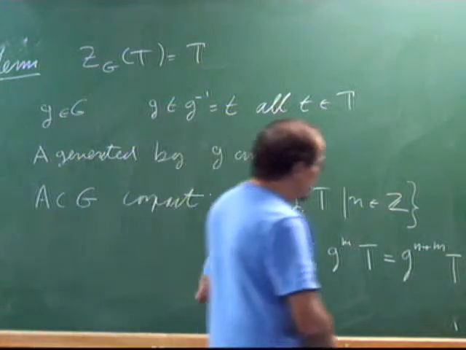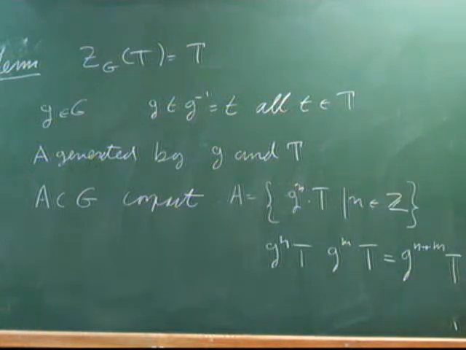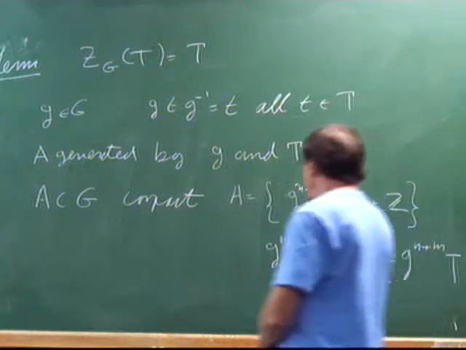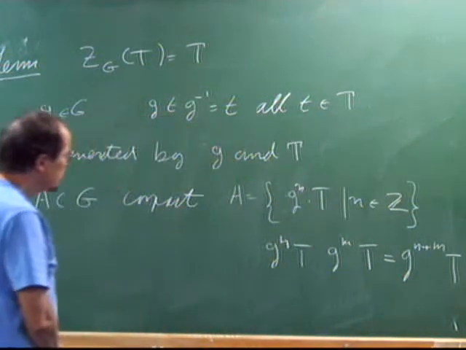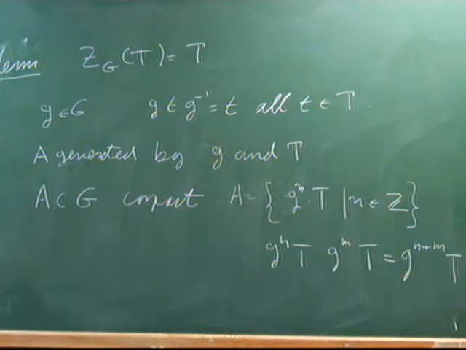Why is this compact? So is it closed, right? Or equivalently, does G have finite order? Some power lies in T, I guess.